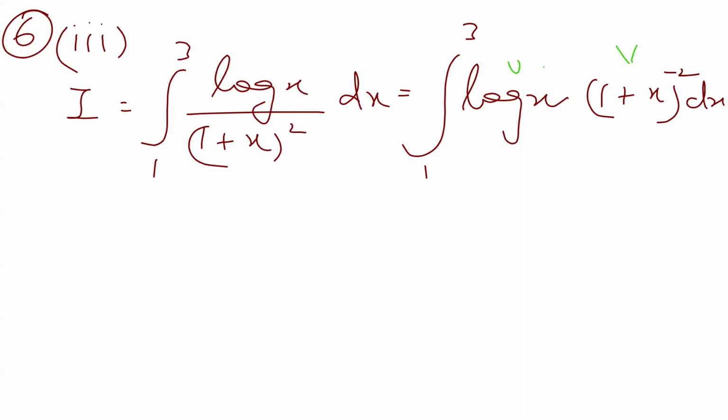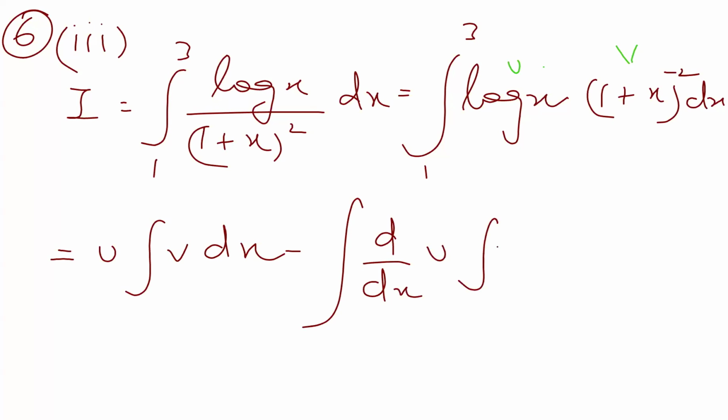So, u v integration by parts: u integration v dx, minus integration d by dx of u, integration v dx, bracket close dx. Now, first and foremost, we are supposed to apply integration by parts. So let us do that.